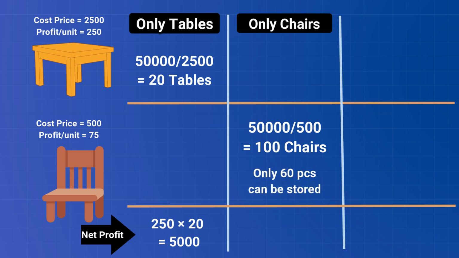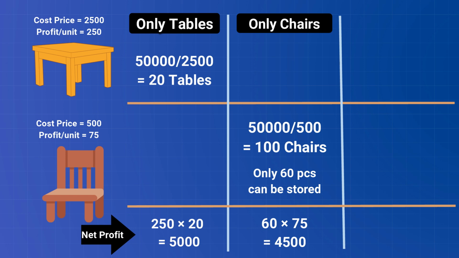Therefore, he is forced to buy only 60 chairs, which will give him a total profit of 60 into 75, 75 being the profit he can make by selling one chair. That means he can make a profit of 4,500 by buying and selling 60 chairs. We are also assuming that whatever quantity he buys, he sells it all.